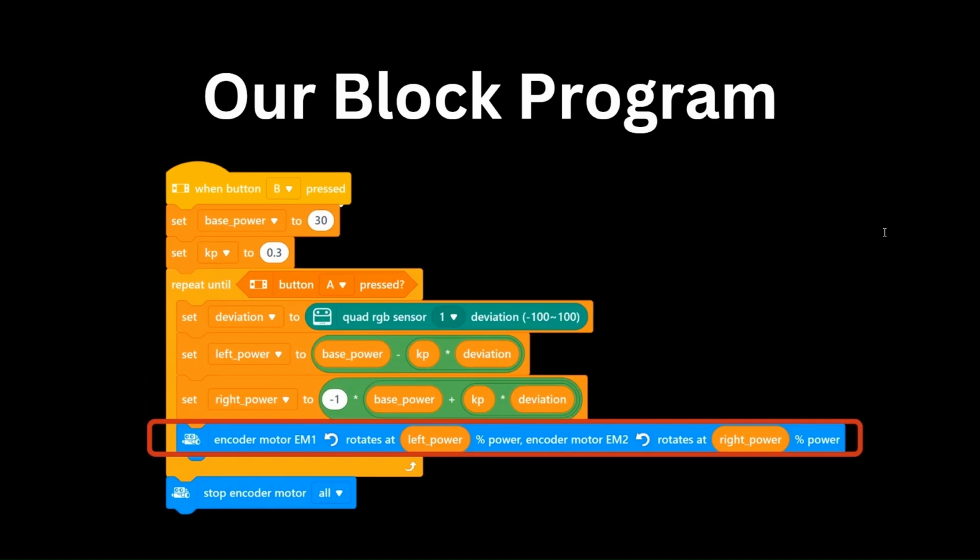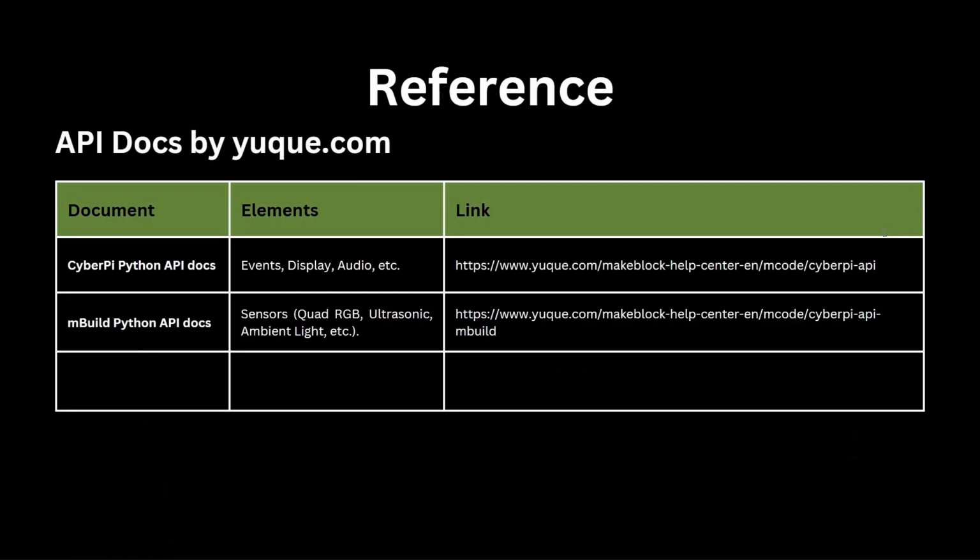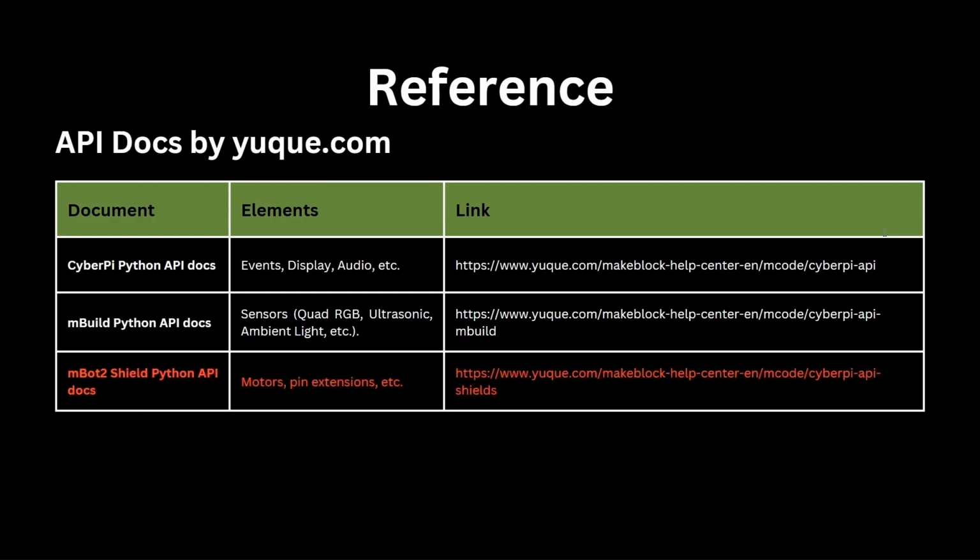Let's convert this block program to Python code. To do this conversion, we will need to refer to the API docs like we did in our previous video. I introduced these two API docs in the previous video. In this tutorial, in addition to these two, we're going to refer to a third API doc as well. This is the mBot2 Shield Python API docs page.